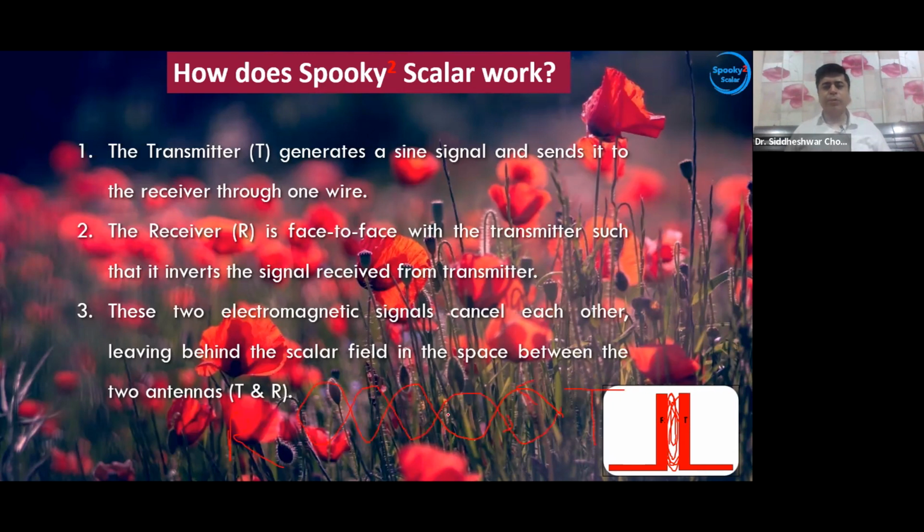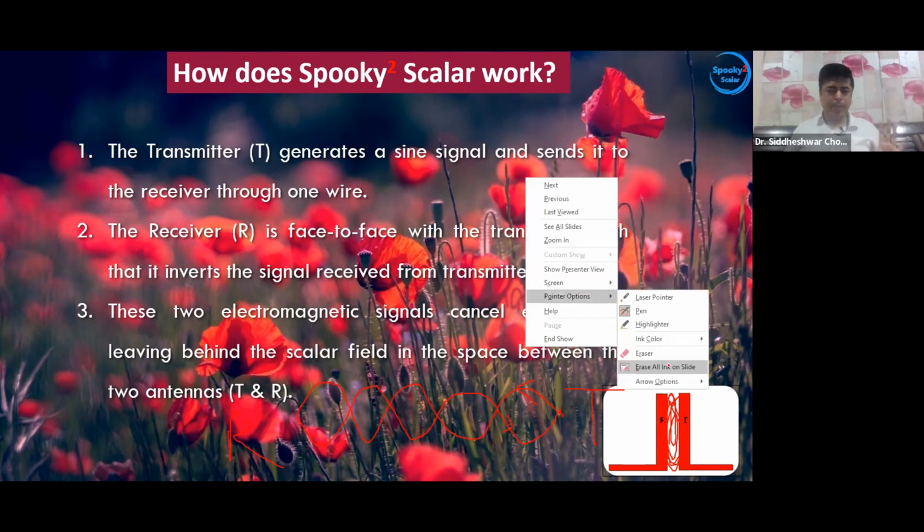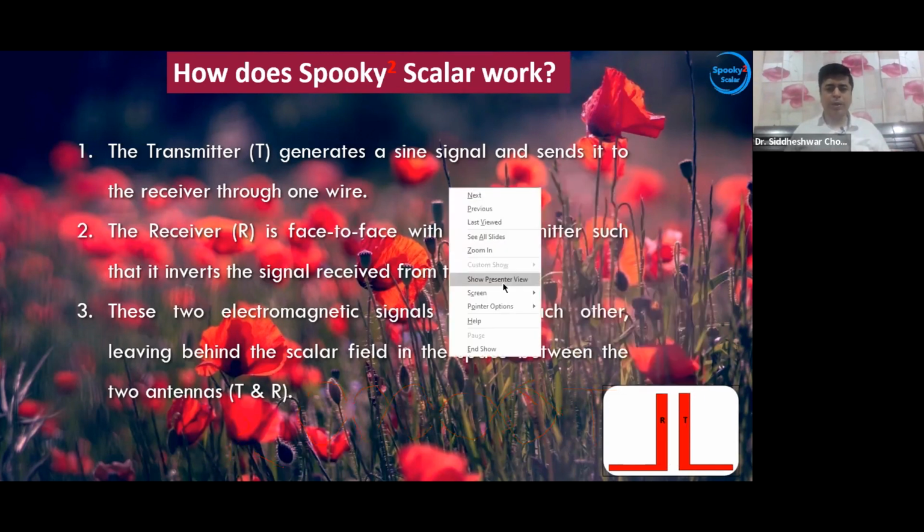This is the perfect position, and when this condition has been achieved, this is called scalar field tuning. And the scalar field has been perfectly generated. Is that clear? We'll learn how to do that very shortly.